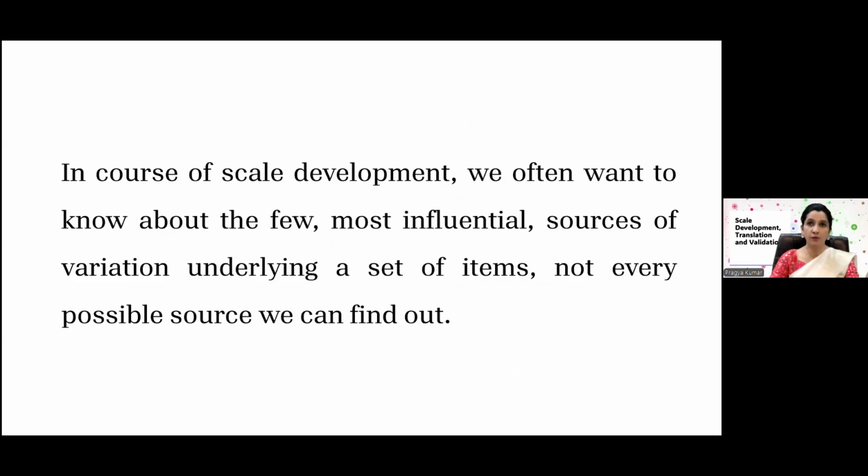So in the course of scale development, we often want to know which are the most influential sources of variation in the underlying set of items. Because if you have taken 16 items, what are the underlying latent factors responsible for the maximum amount of variance? Because you cannot take all the 16 factors into account. Then it will not be a dimension reduction process.